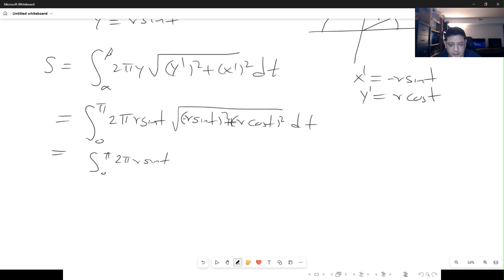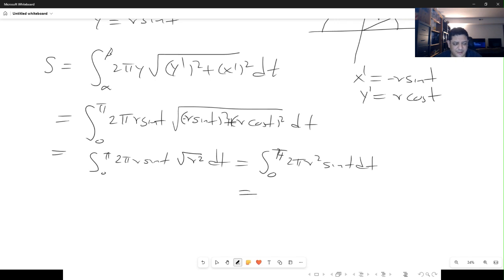As you can see, we're going to get sine squared plus cosine squared times r squared, and so that's just going to leave me with the square root of r squared. So simply I can go with the integral from 0 to pi of 2 pi r squared sine of t dt.